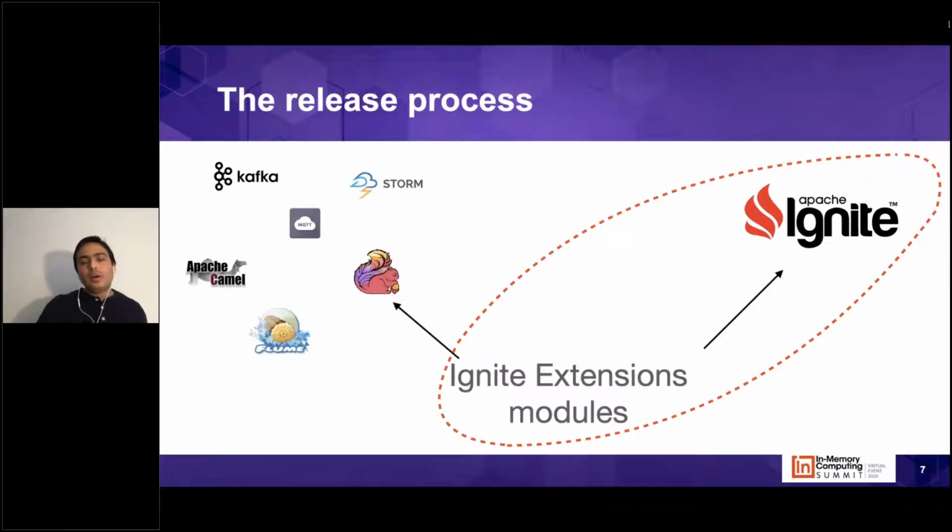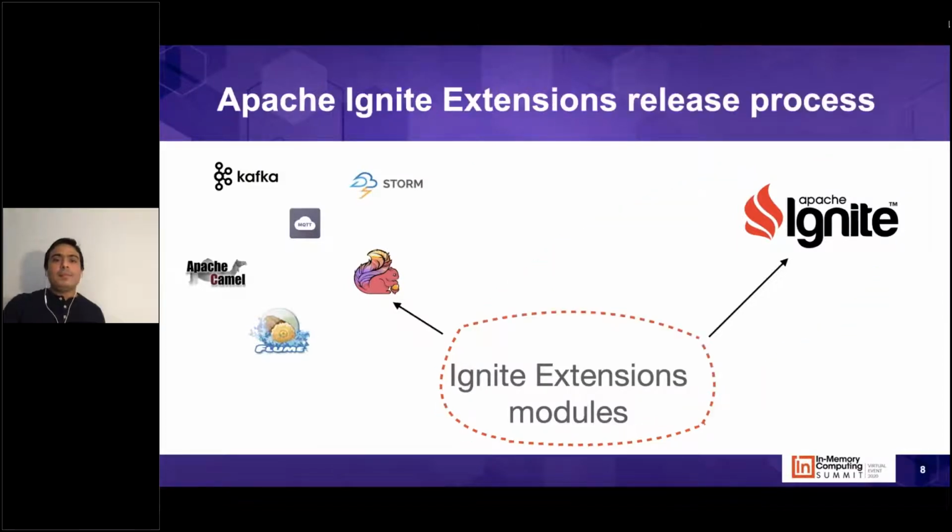So going forward, what we have decided as a community is to make Apache Ignite extensions independent modules. By that, I mean that each Apache Ignite extension can be released independently, whether it has a dependency on Apache Ignite core, or on the Flink, Flume, Storm or Kafka modules.